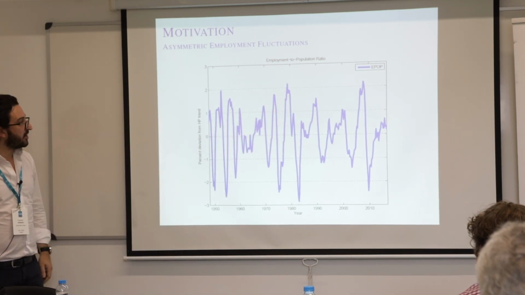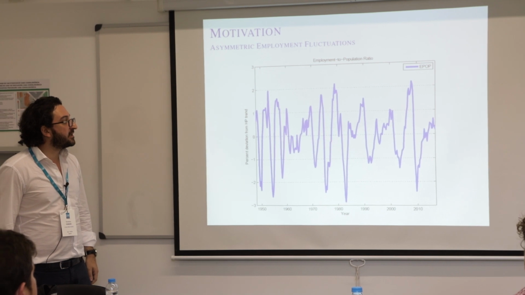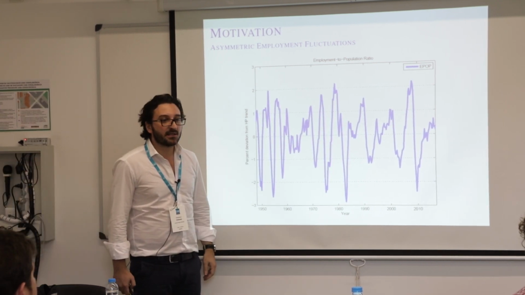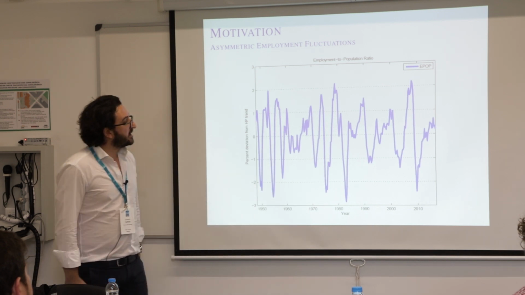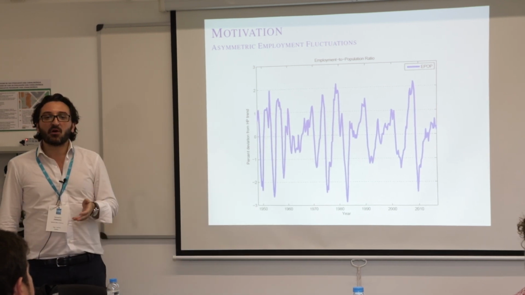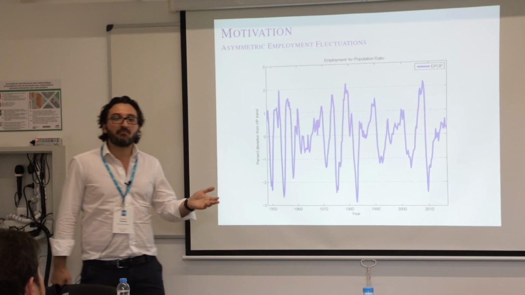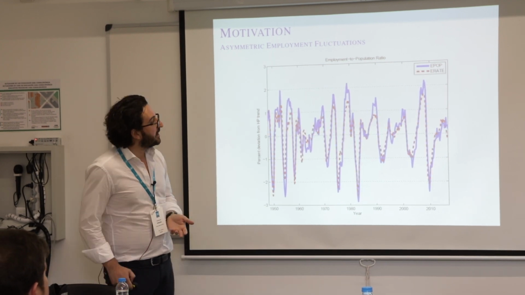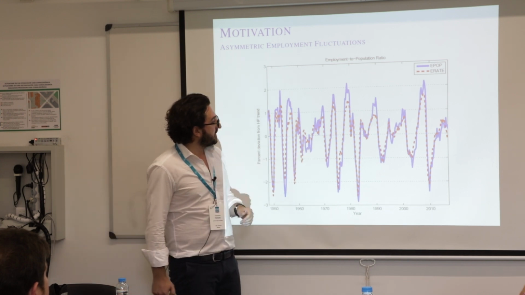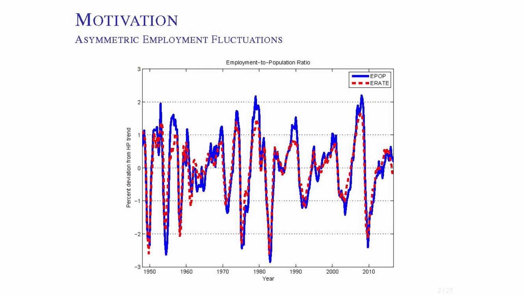Now, this paper is going to try to understand the driving forces behind this asymmetry between peaks and troughs. We can rewrite the employment to population ratio as 1 minus the unemployment rate times the participation rate. Here I'm showing you the red dotted line, what I call the employment rate, which is 1 minus the unemployment rate.